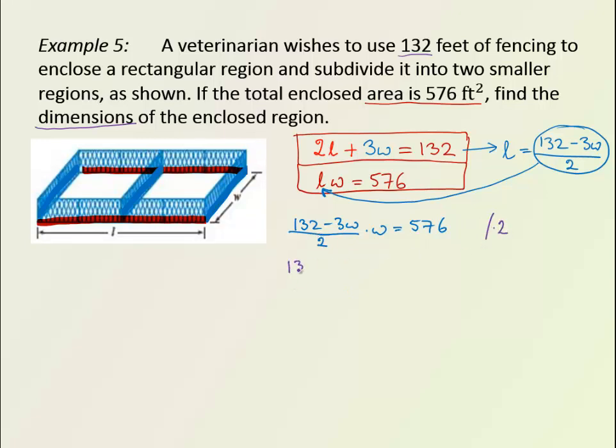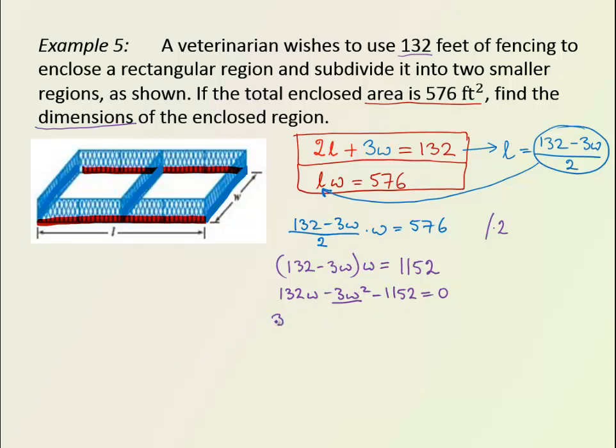So we'll have 132 minus 3W times W equals 1152. And finally, open the bracket and arrange in order starting with the positive sign. So we'll have 132W minus 3W squared minus 1152 equals 0. And I will start with the square term and change the sign.